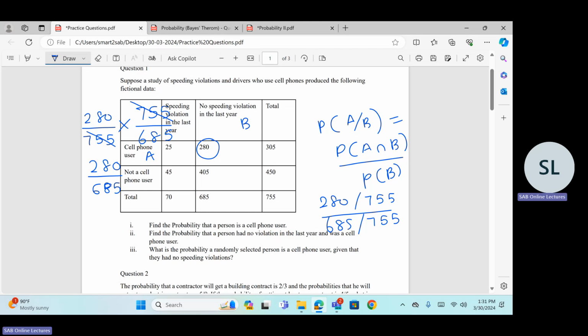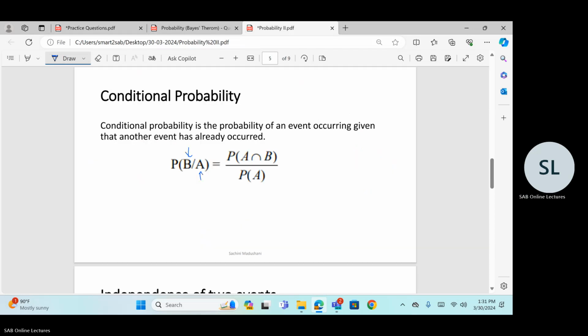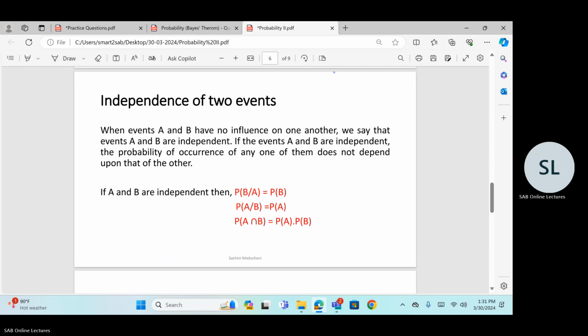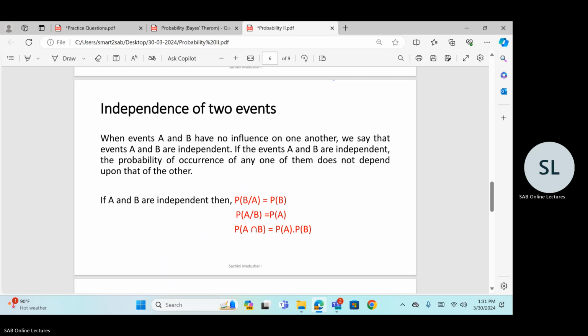It's clear? Clear now? Joint probability, marginal probability, and the conditional probability.